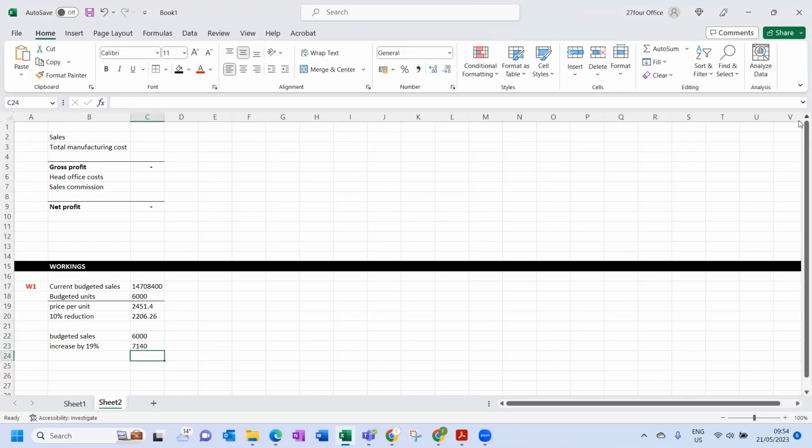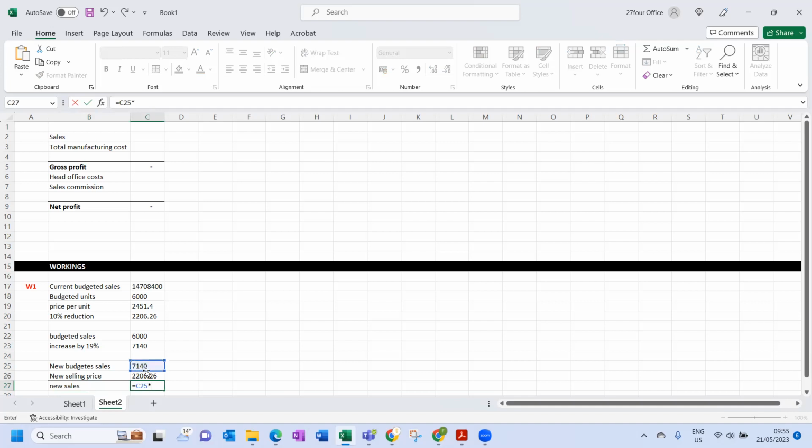So now we can work out our selling price. New budgeted sales would equal that, new selling price would equal that, and new revenue or new sales would be that times that.